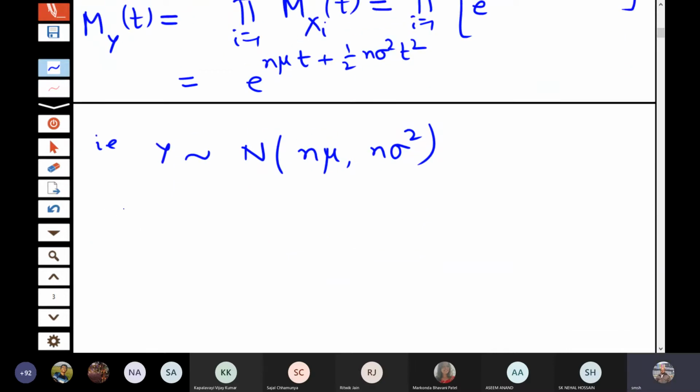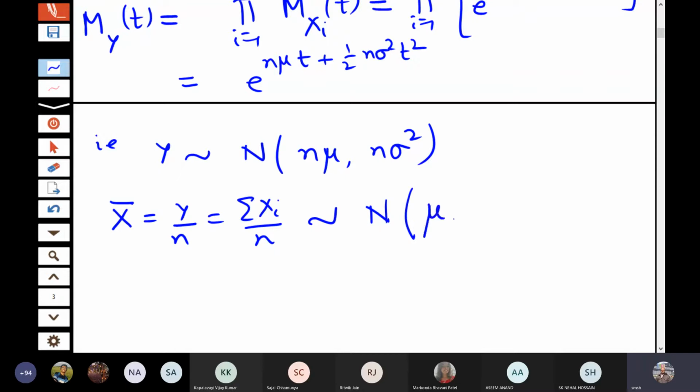Similarly, suppose I consider x bar. X bar is y by n, that is sigma xi by n. Then what will be the distribution of this? We have seen the linearity property of the normal distribution, so this will become mu and n sigma square by n square, that means sigma square by n.